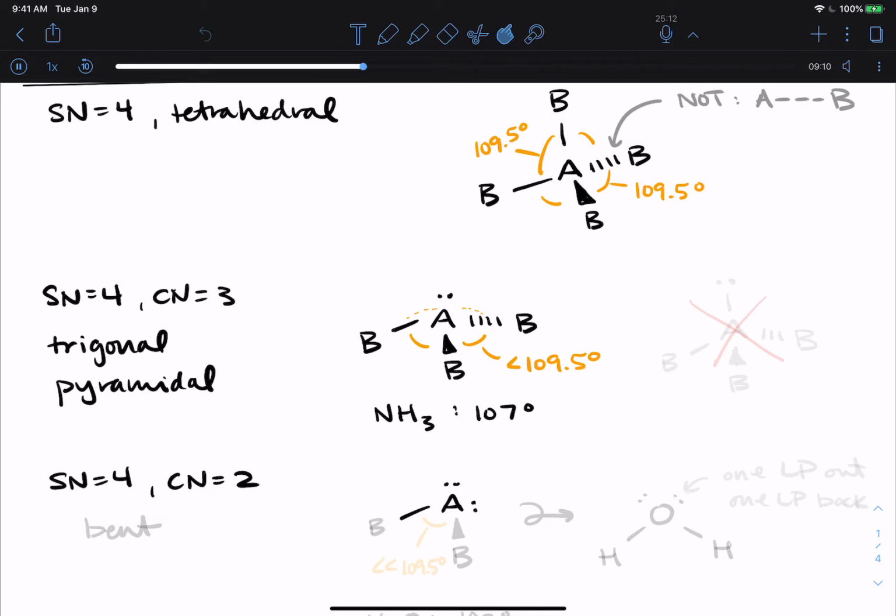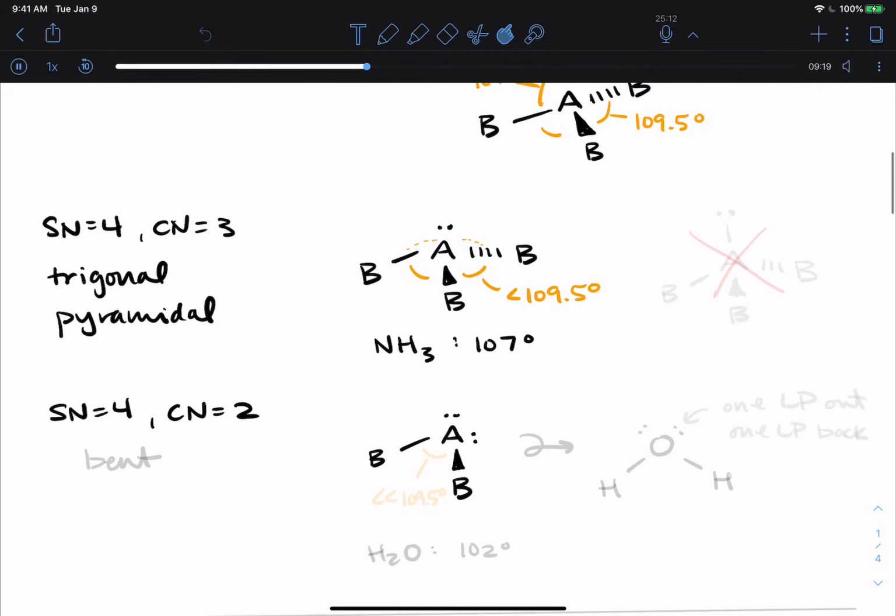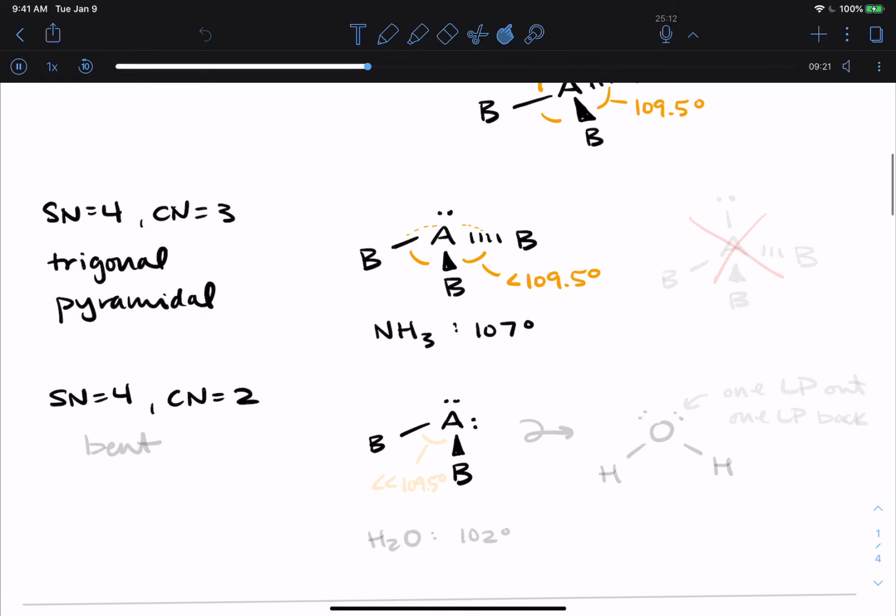That leaves me this bond in the plane of the paper and one coming out. And the name of this shape is bent. And the bond angle here, I have 2 lone pairs squishing down this bond angle. It's going to be even smaller than 109.5.